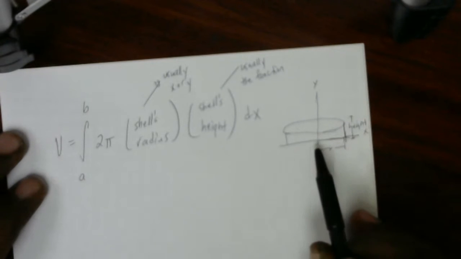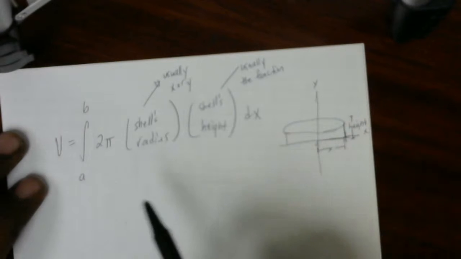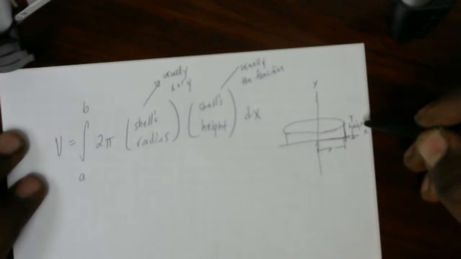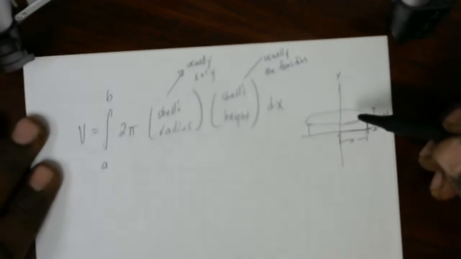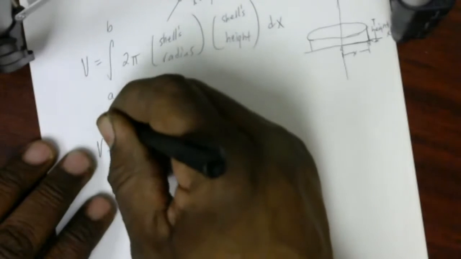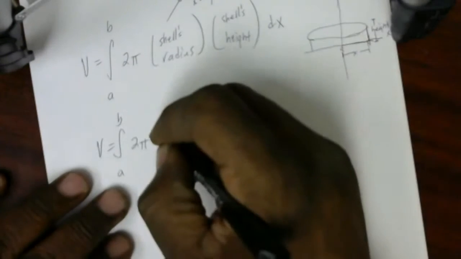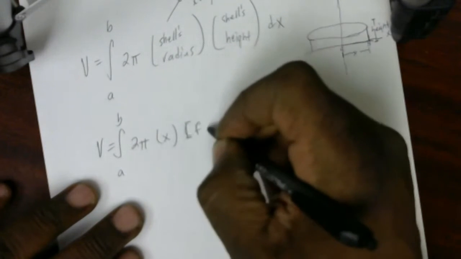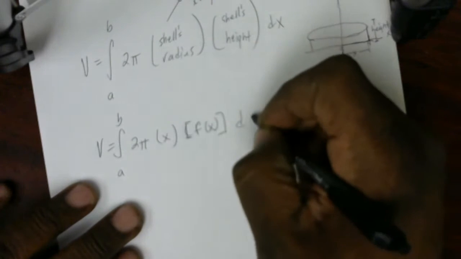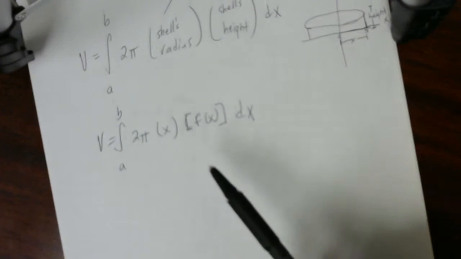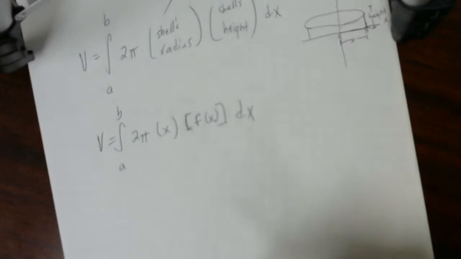So the radius of the shell is going to depend upon x or y, depending upon which axis you're rotating about. The shell's height is the function. In the viewing example, they write it like this: V is equal to the integral from a to b of 2 pi times x times f of x dx.